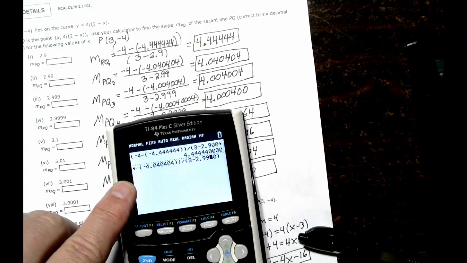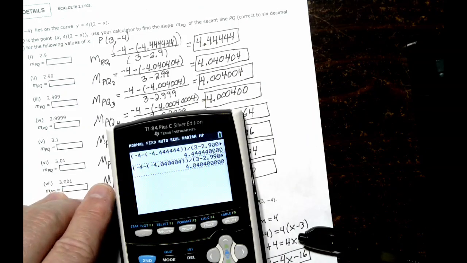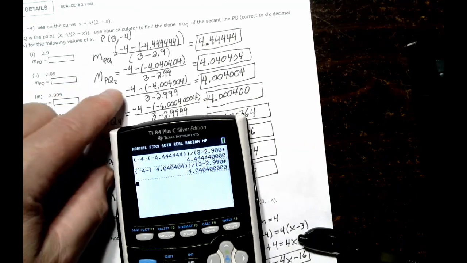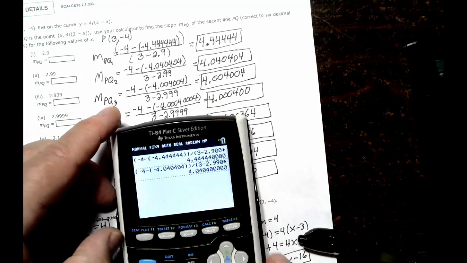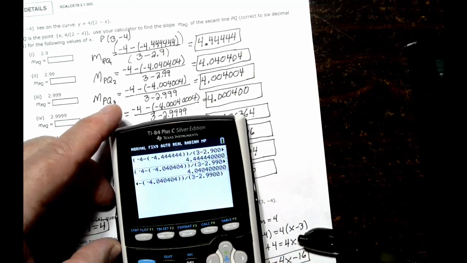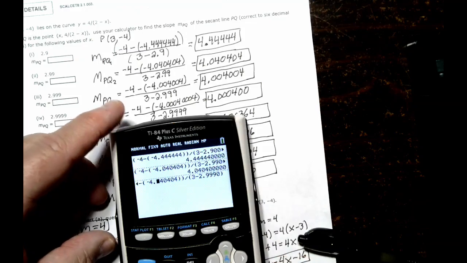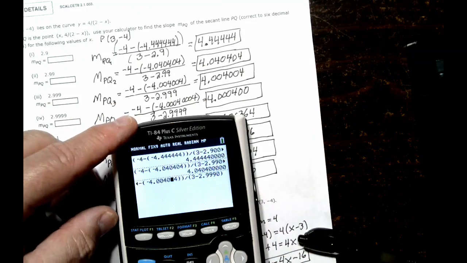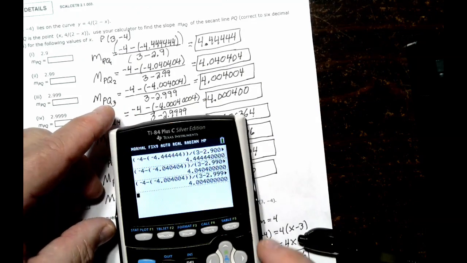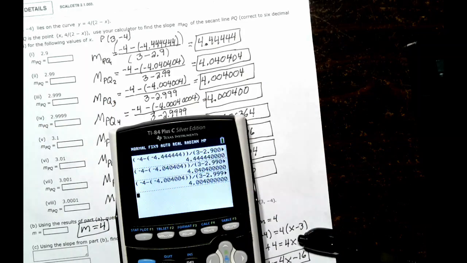And now you've got your slope formula, and all you have to do is hit enter. And you can do the same thing for the third one. You can just hit second enter and change that 2.9 to 2.999. And you can do the same thing with this one, 0.004004, and it gives you the next one. So you can calculate the slope very easily doing it that way on your calculator.